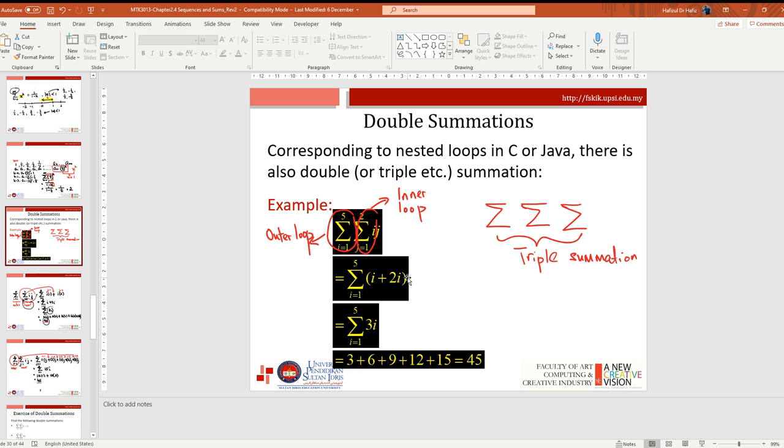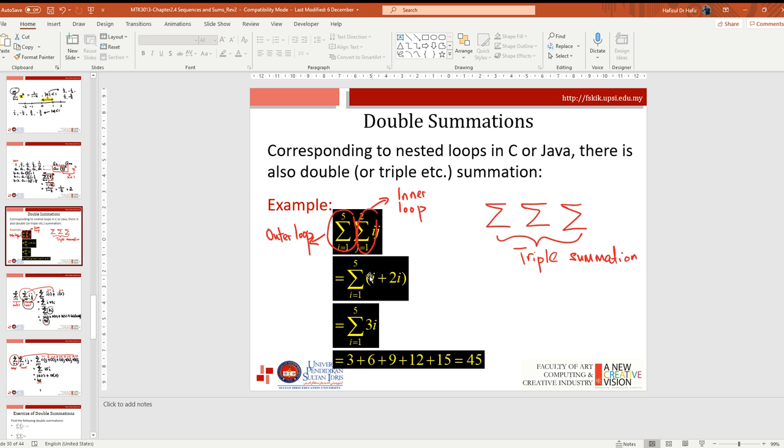Here we have the sum j equal to 1, limit is 2, and then the sum i equal to 1, limit is 5. And then we do the sum of i plus 2i. This one is for the inner loop.